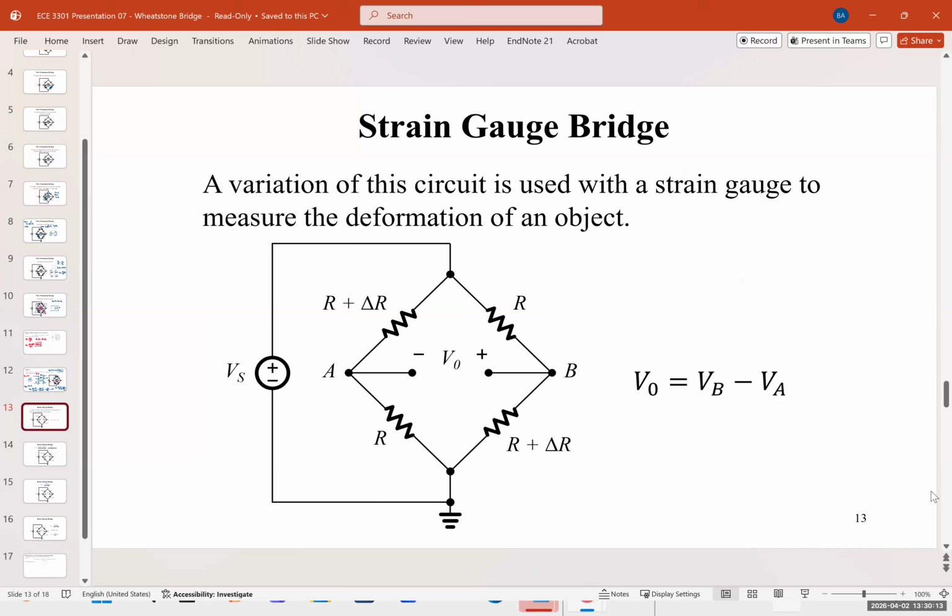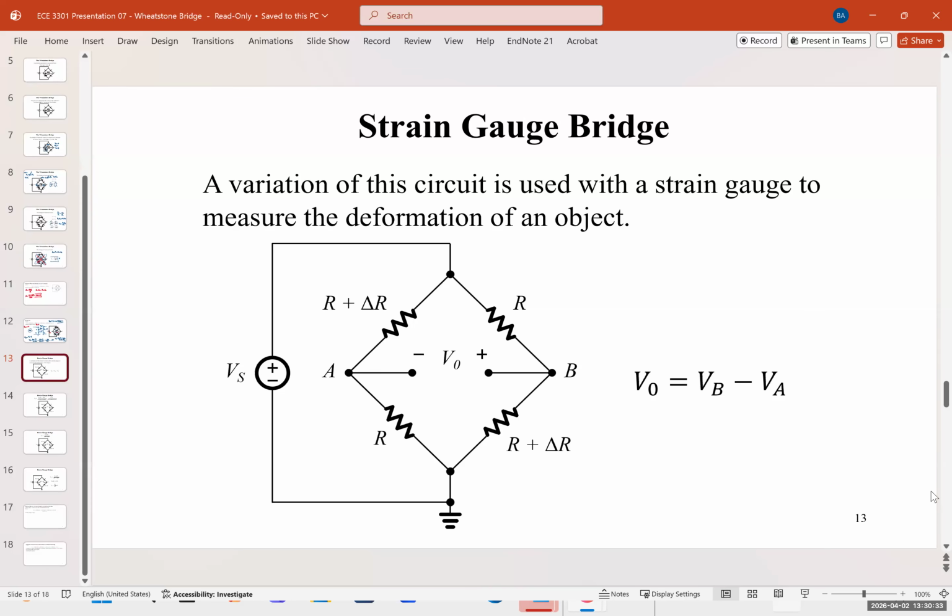The strain gauge sensor looks like this. We have two identical resistors on the opposite arms, so R and R are equal, and then we have R plus delta R. The output of a strain gauge, V0, is going to be VB minus VA.